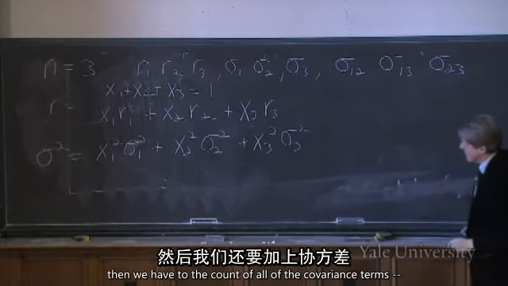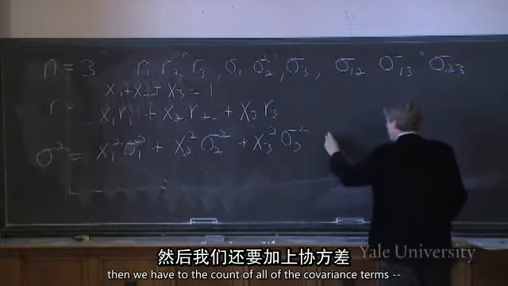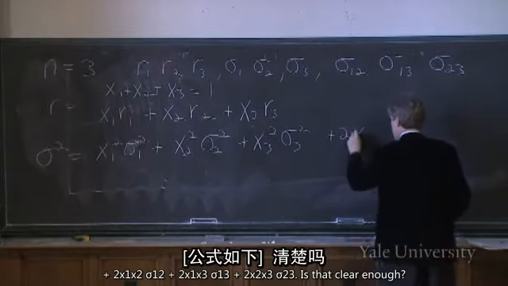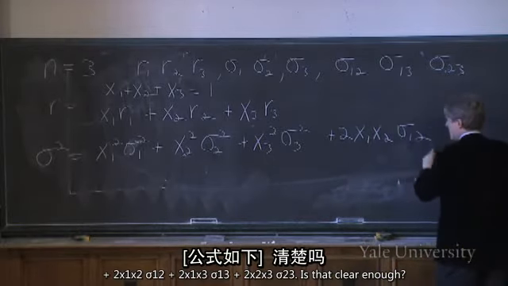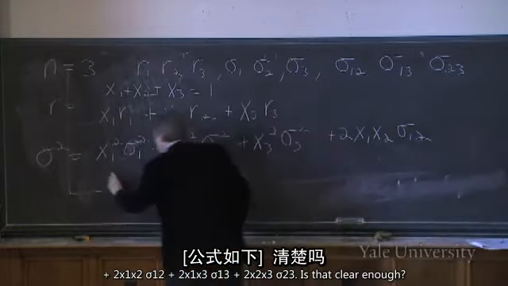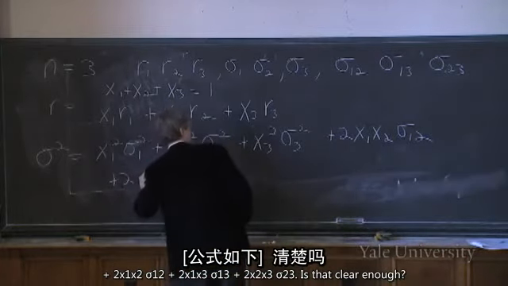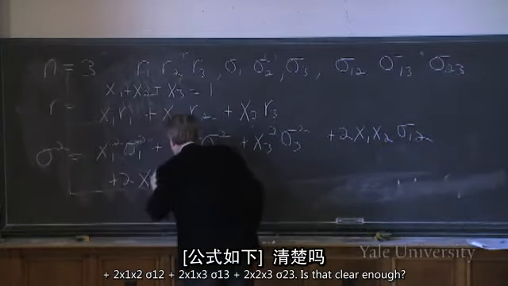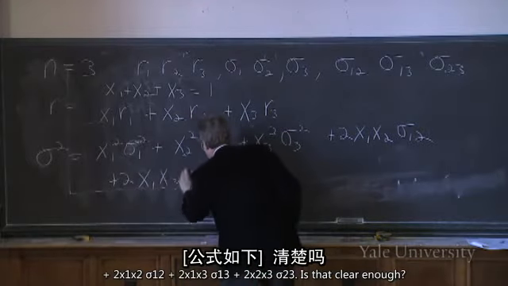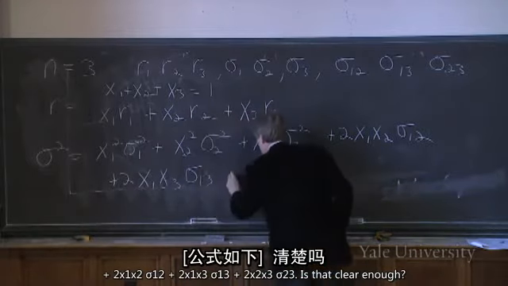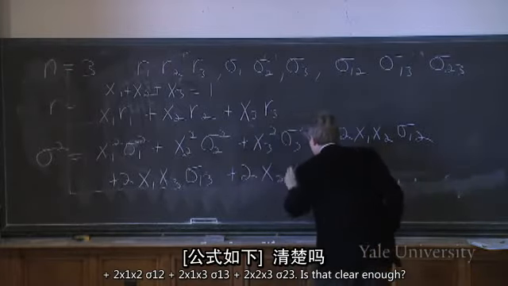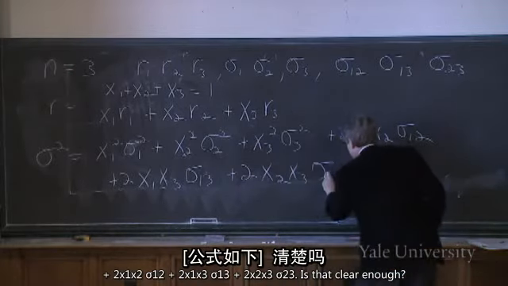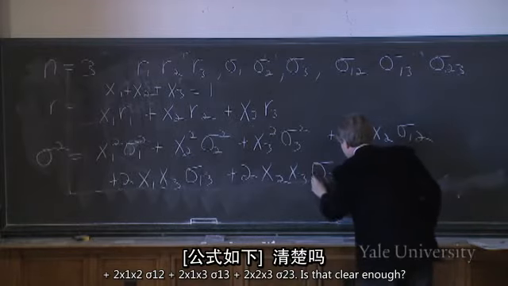And then we have to take account of all of the covariance terms. Plus 2 x1 x2 sigma 1,2, plus 2 x1 x3 sigma 1,3, plus 2 x2 x3 sigma 2,3.